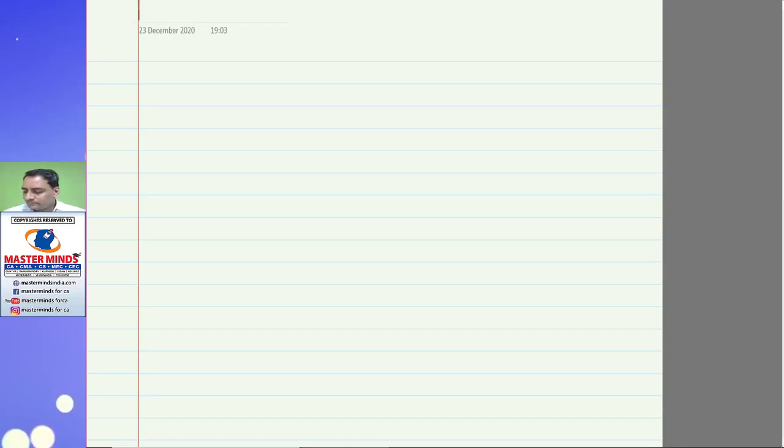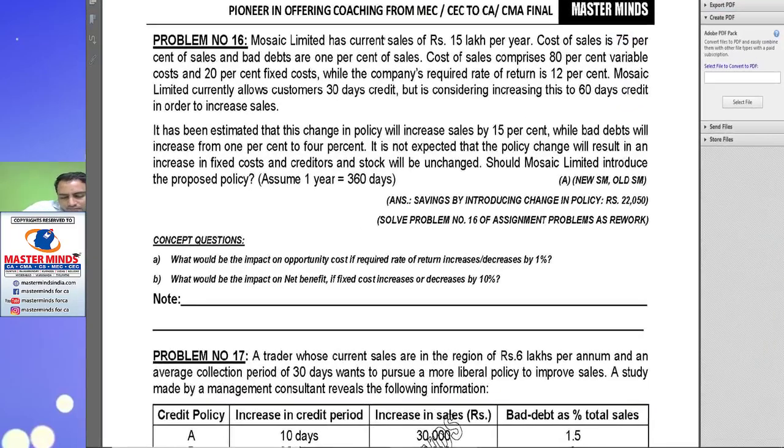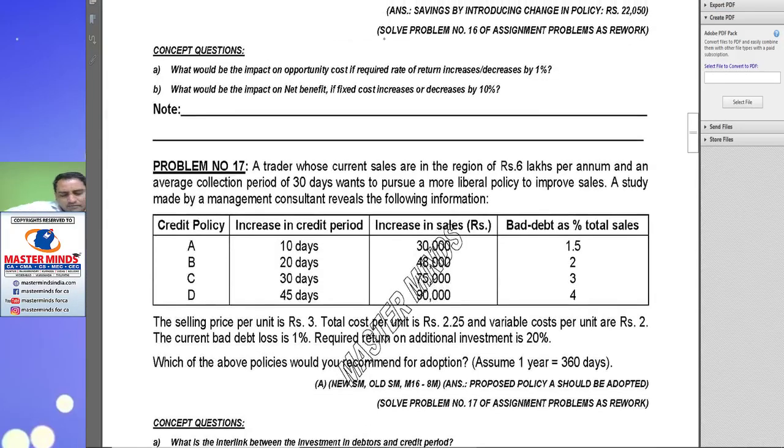Next, problem number 70. A trader whose current sales are in the region of 6 lakhs per annum and an average collection period of 30 days wants to pursue a more liberal credit policy to improve sales.